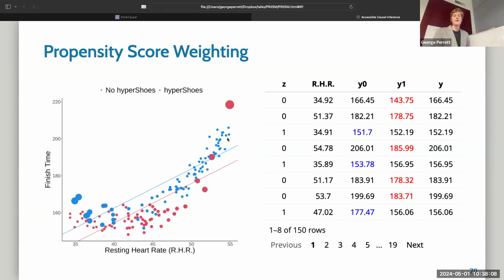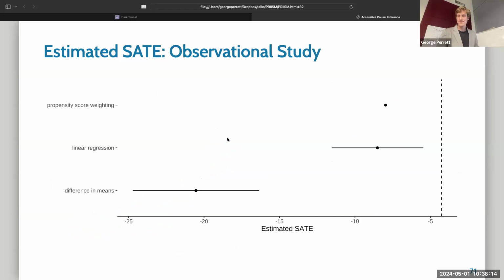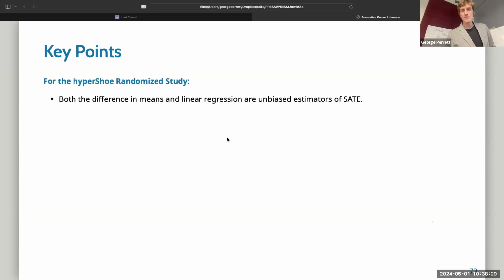So we'll do that, fit our regression. We've now filled in our missing y0s and our missing y1s. Now our estimated state looks a whole lot like linear regression. And when we add in the uncertainty, we're still biased. So propensity score weighting did not fix the appropriate conditioning problem.